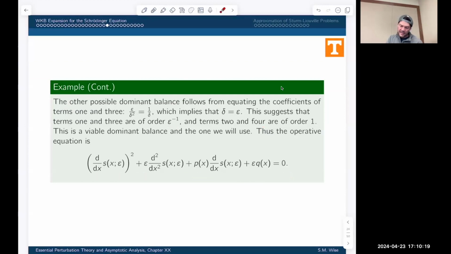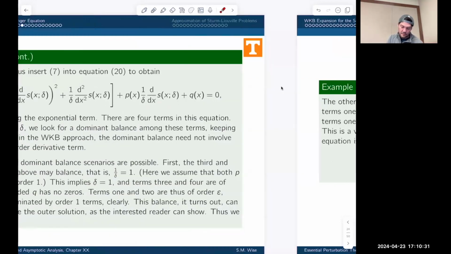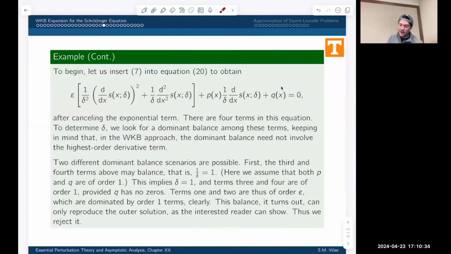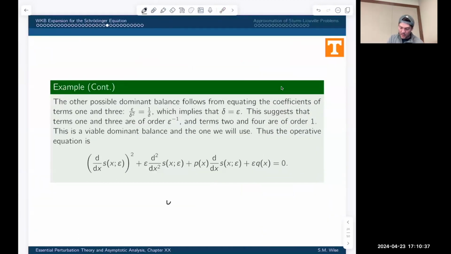Now, technically speaking, I should probably write this with a tilde, because we start off with a solution assumption, and the assumption begins with assuming that y is simply this, and S is a usual power series expansion in integral powers of delta. So technically I should write it like that.